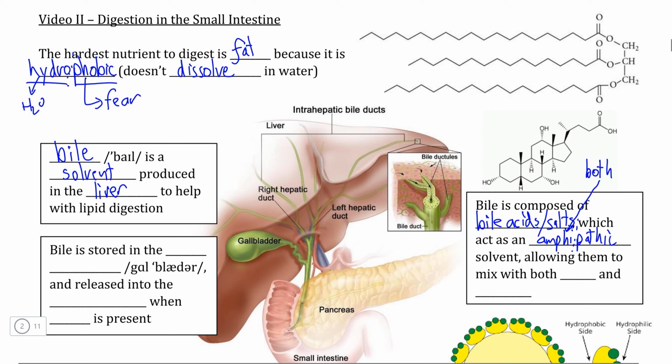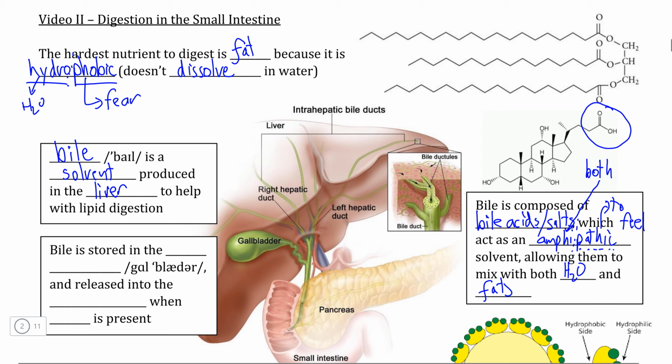So amphi in this case meaning both, and pathic is derived from a Greek prefix pathos meaning to feel. So in this case, an amphipathic solvent like bile acids or bile salts are able to feel or connect with both water and fats. In fact, we can see it on their chemical structure here.